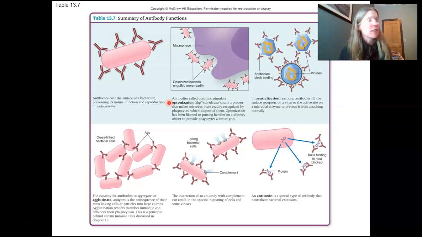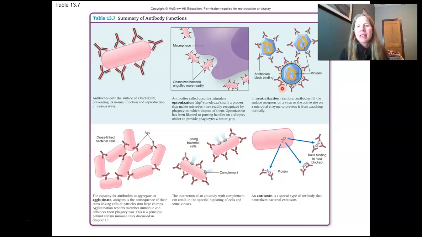I like to think of it like a pool game where you grease a watermelon and then try to catch it, but it keeps squirting out. If you stuck a bunch of pencils in it, then you could grab onto it. It's like that for the macrophage. That's opsonization.